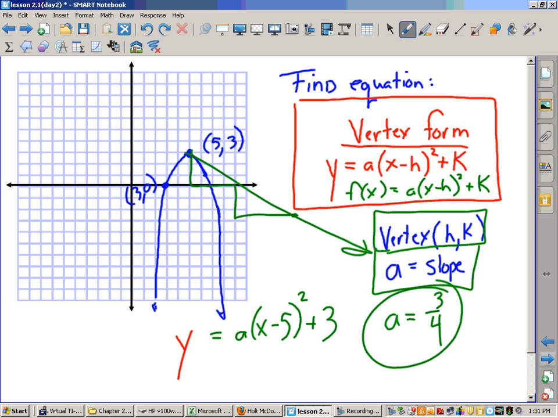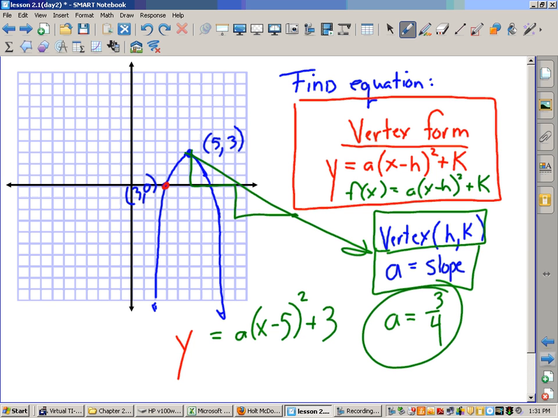How many of them have you used so far? 1. We need to use that other point. There's an infinite number of points you could use, but I gave you one of them, 3, 0. And that one point is going to help you find the slope, very similar to how you did with lines, y minus y over x minus x.